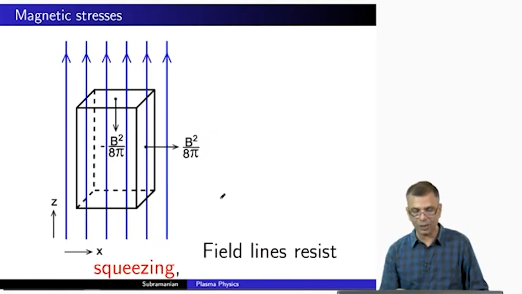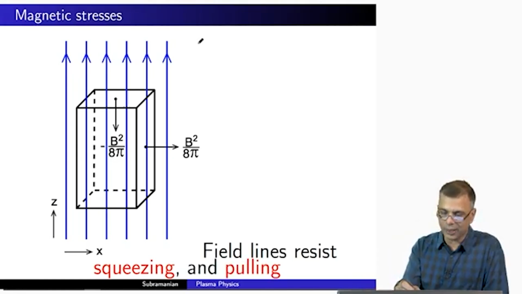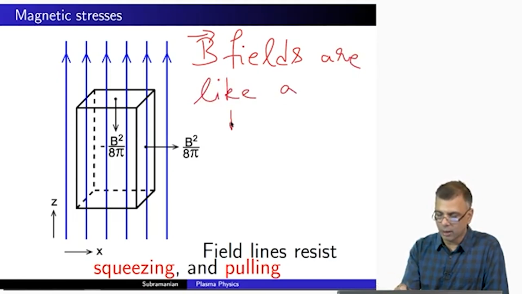So, it is very much like this. This is why this justifies the fact that B fields are like a bunch of rubber bands.